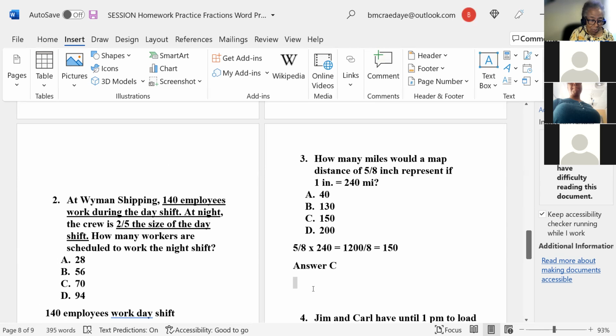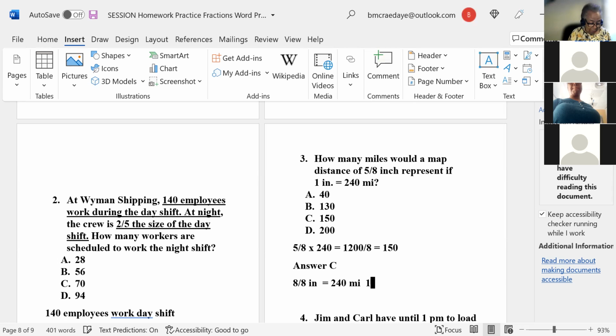This is another way of doing it. You can say 8/8 inches, that's what 1 inch is equal to, equal to 240 miles, right? Now you can say, well, what would 1/8 be?